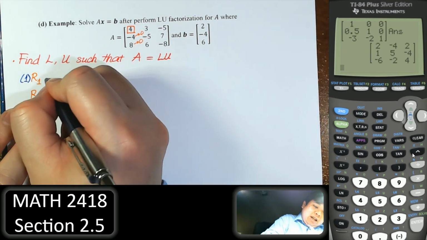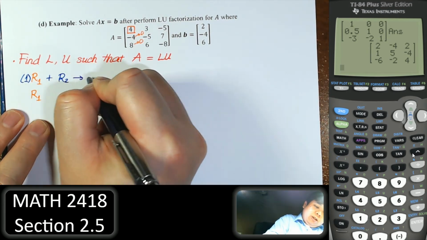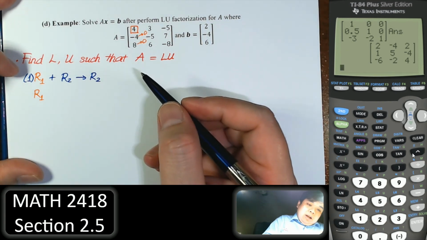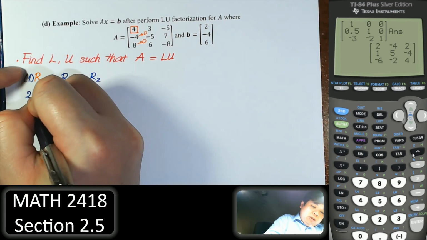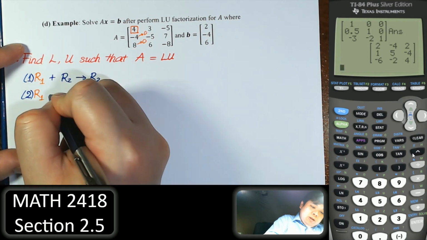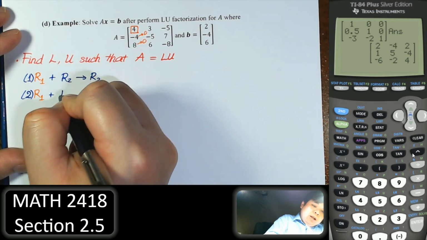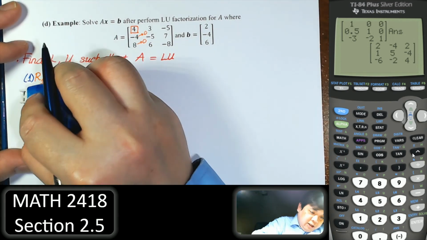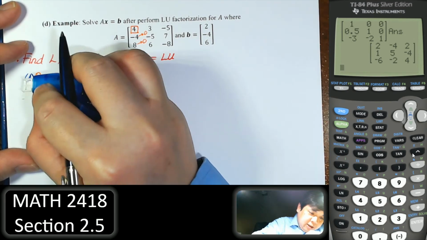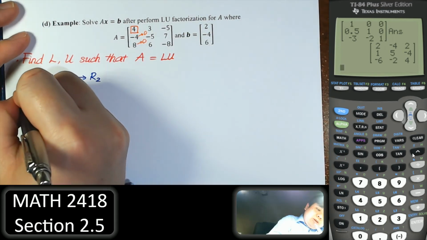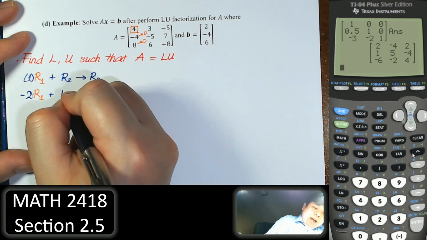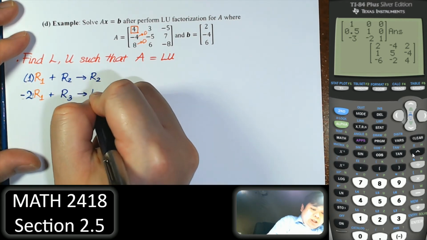And then add and replace to row 2. And then multiply by 2, so it will be -2. Add to row 3 and replace to row 3.